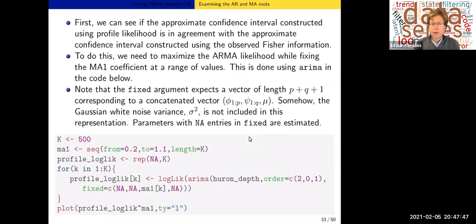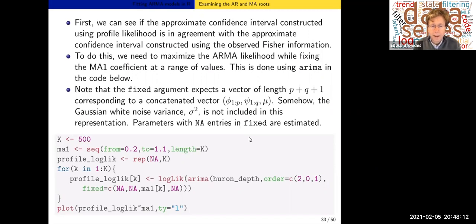To calculate the profile likelihood, we need to maximize the ARMA likelihood while fixing the things we want to fix at a range of values. Here we're going to profile over the MA1 parameter. So we want to fix that at a range of values and maximize everything else. And here's how you do that.